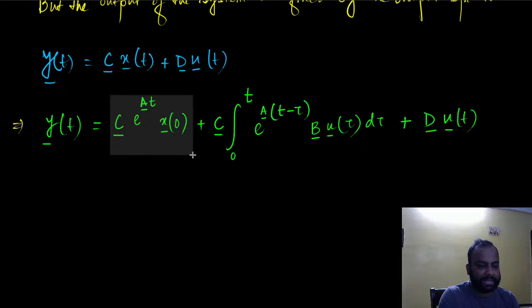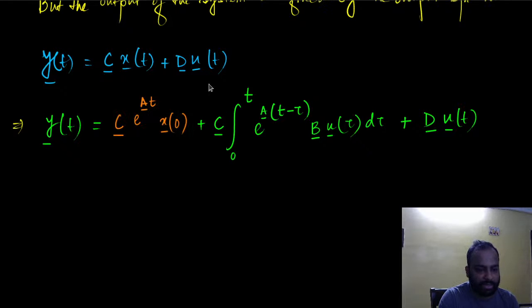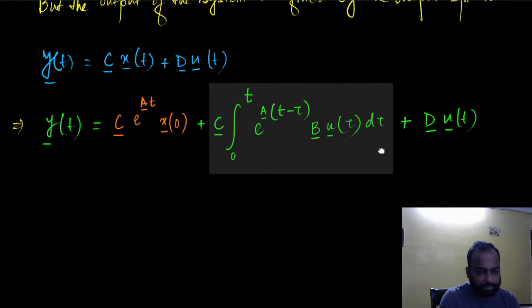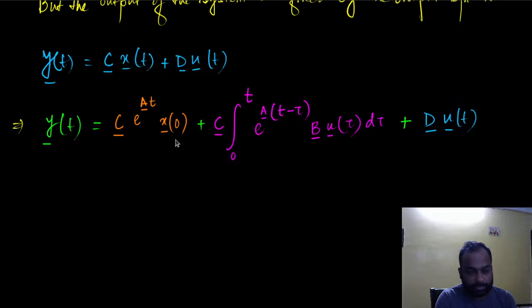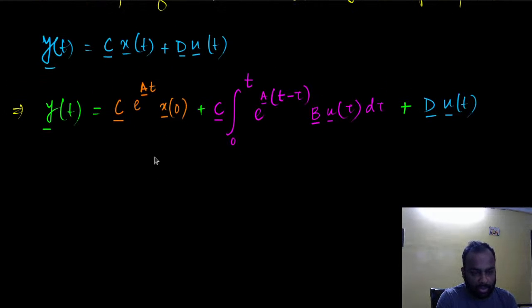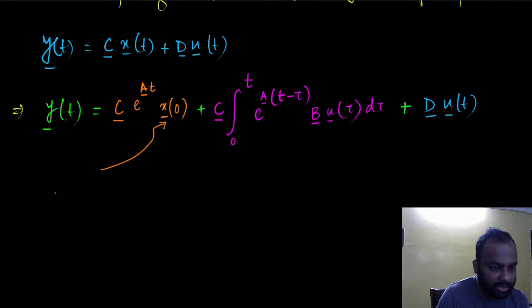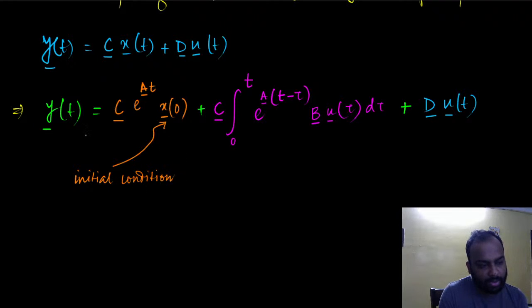Now, as I said, this solution actually has three parts in it. Notice a few things here, which I marked in yesterday's class. Notice that this is the initial condition, and y(t) is the output.